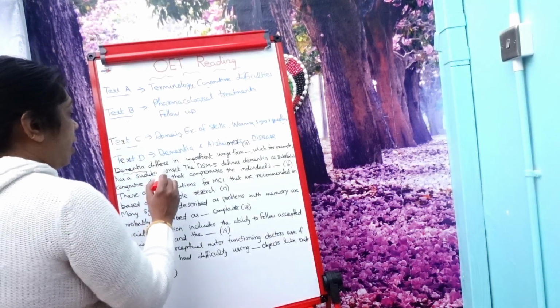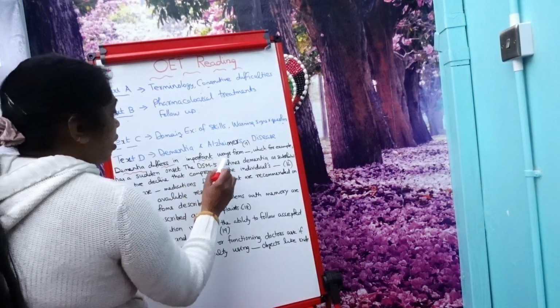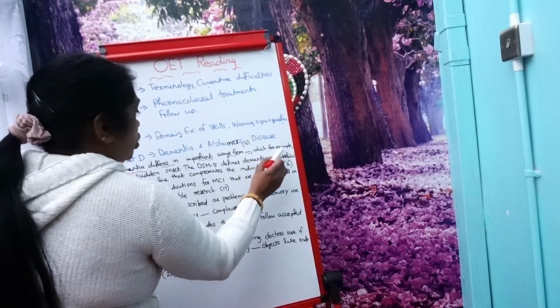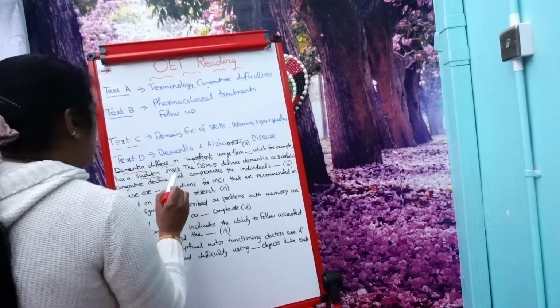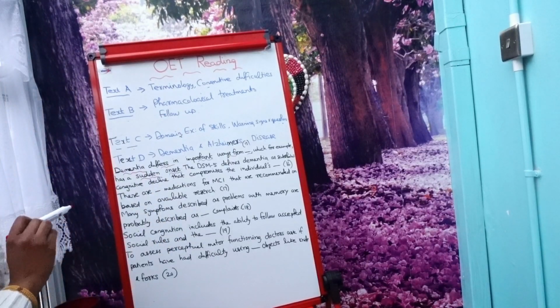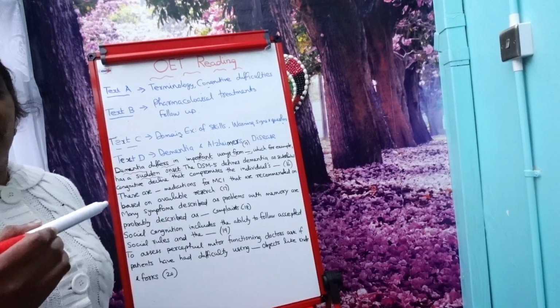So just go to the passage, filling the blanks. Dementia differs in important ways from dash, which for example has a sudden onset. If you know it by heart, you know the answer, like how dementia differs. Some people have mild dementia, some people have acute dementia, chronic dementia, all that.